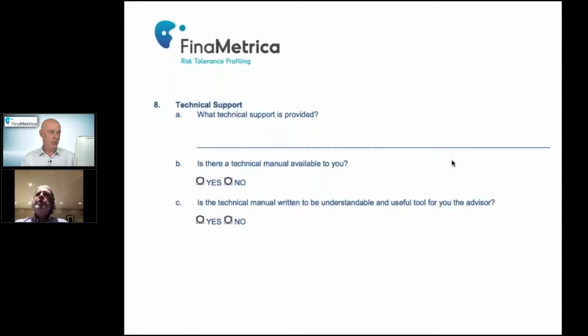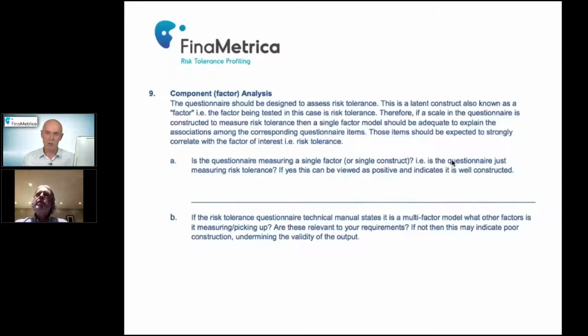And question 9 is the one that I want to pause on for a moment. Component or factor analysis. This sounds very oblique, but it's actually a very important thing. Is the questionnaire designed just to assess risk tolerance? As Stewart pointed out earlier, Paul, often it's not. It's designed to do any number of things. Well, we don't know in many cases what it is designed to do. The intent, of course, is to help people get to a portfolio.